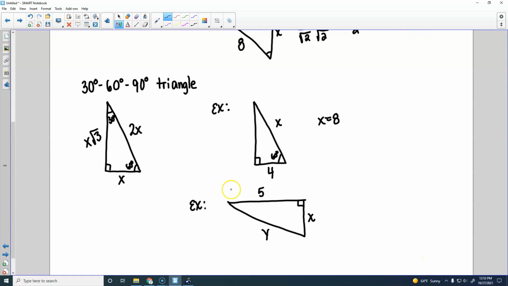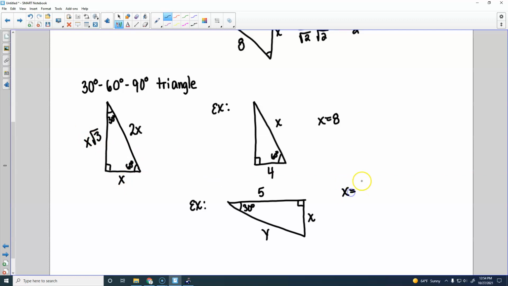Actually, I should mark this as my 30-degree angle, so we know this is 30-60-90. How do I go from the long leg to the short leg here? Divide by, not 2, because that would be if I had the hypotenuse. I've got to divide by the square root of 3, because the longer leg would be multiplied by the square root of 3 if I knew the shorter leg. So I've got to divide by the square root of 3.